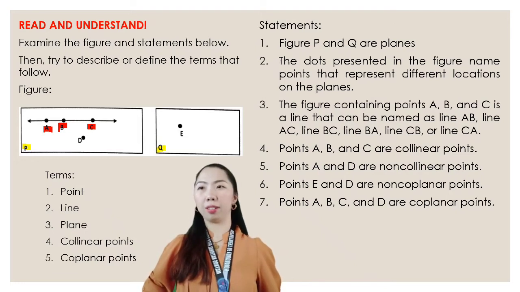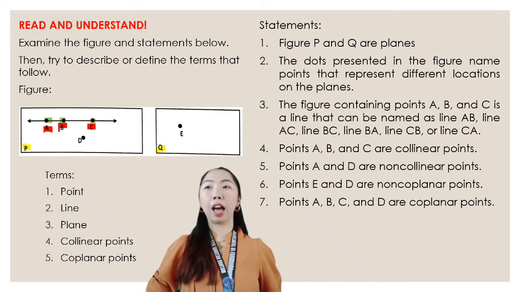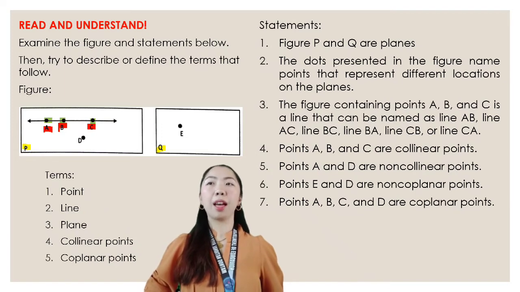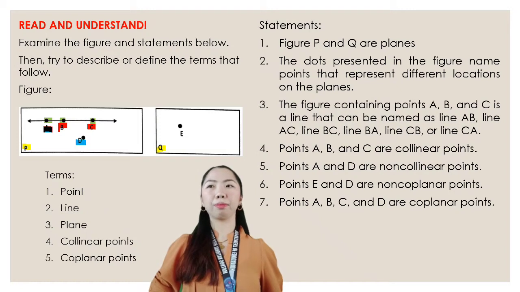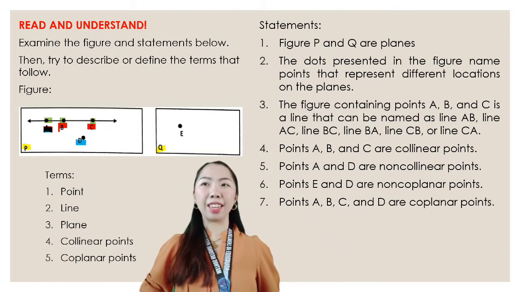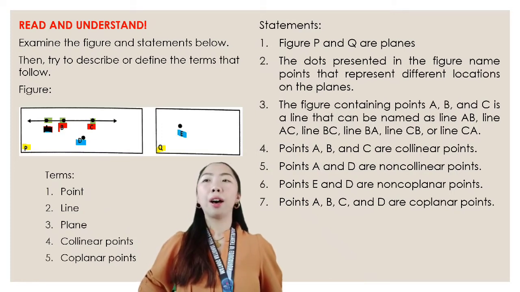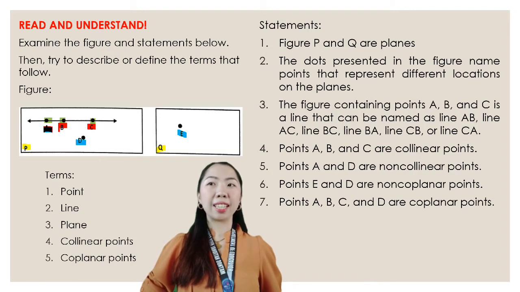Number 4. Points A, B, and C are collinear points. Number 5. Points A and D are non-collinear points. Number 6. Points E and D are non-coplanar points. And last, points A, B, C, and D are coplanar points.